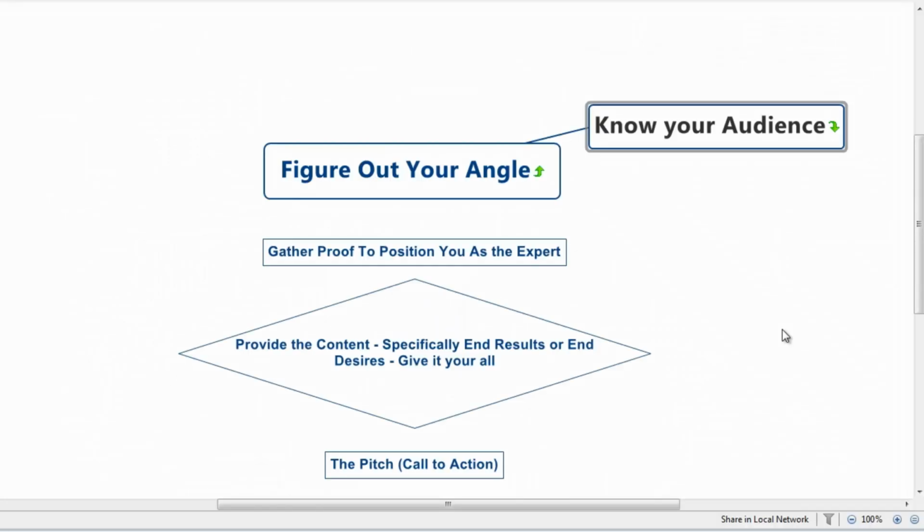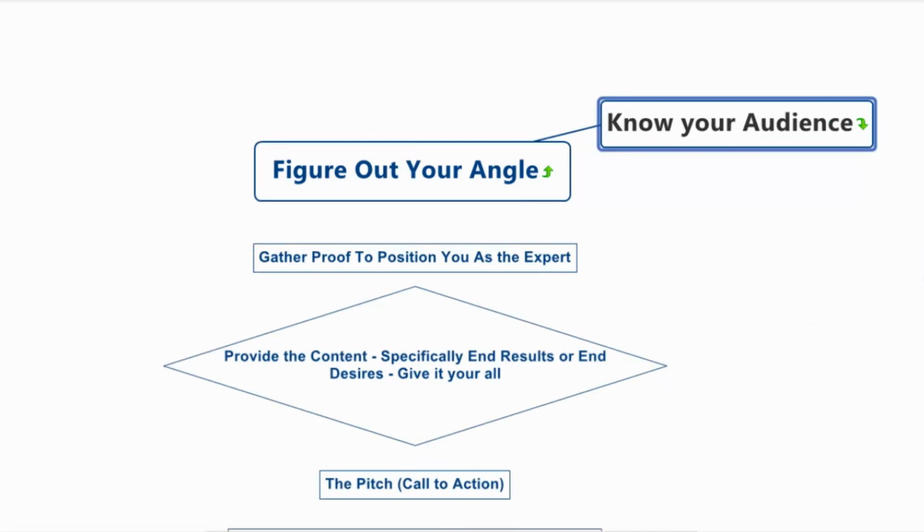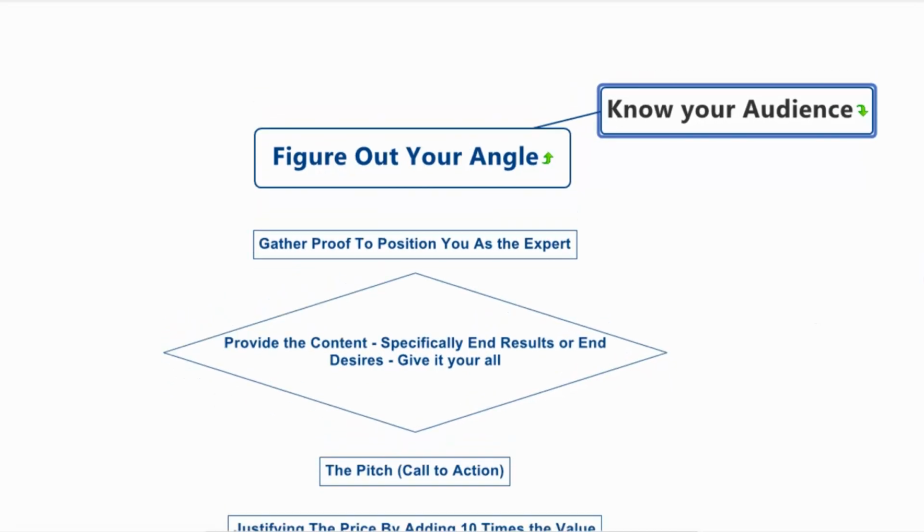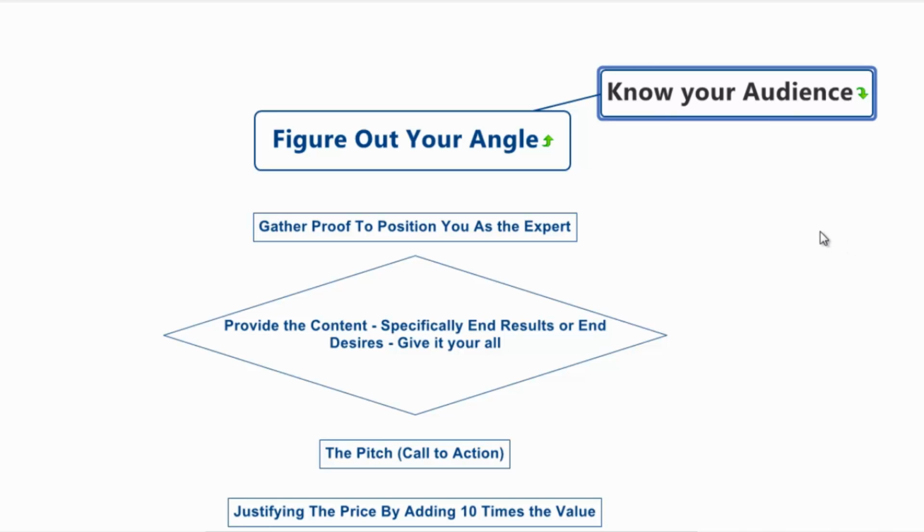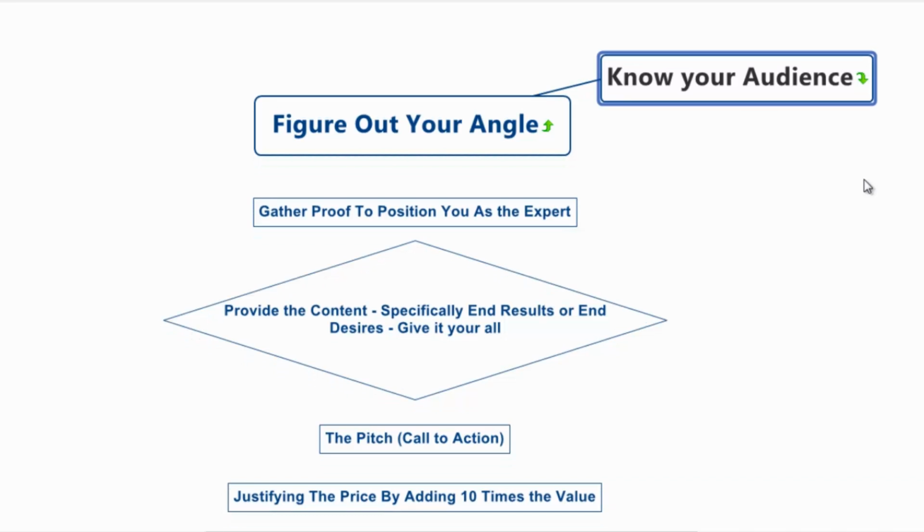So this is what the blueprint looks like. And feel free to tweak it, customize it to your liking, add stuff to it. But if you add stuff to it, make sure that you test it out. But this is something that has been working well for us. As long as you keep in mind, number one, your audience, their desires and wants, and their objections.